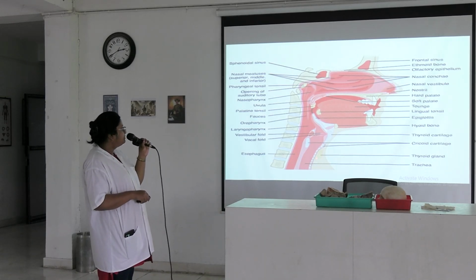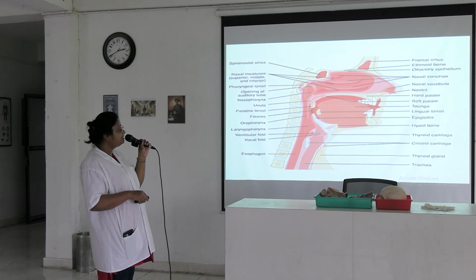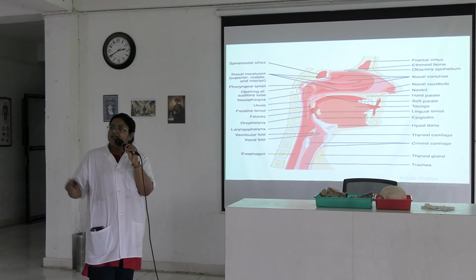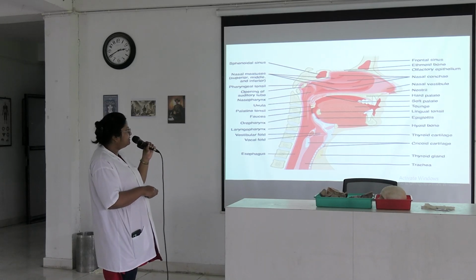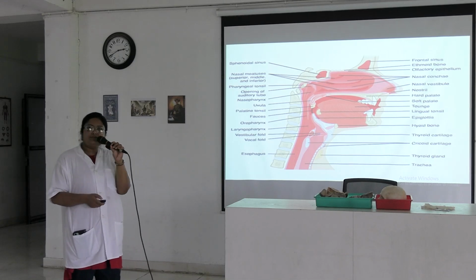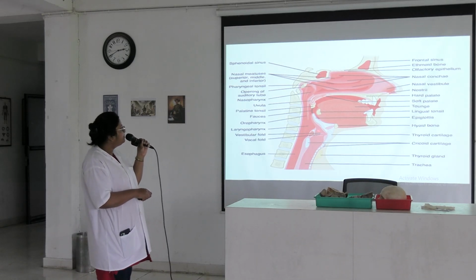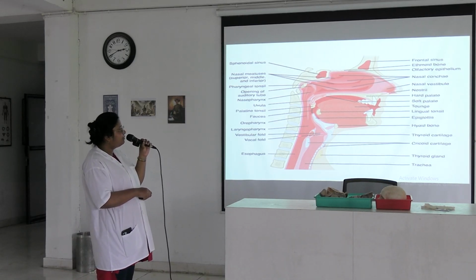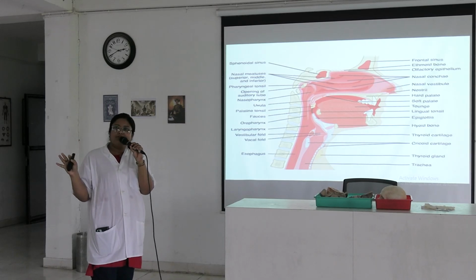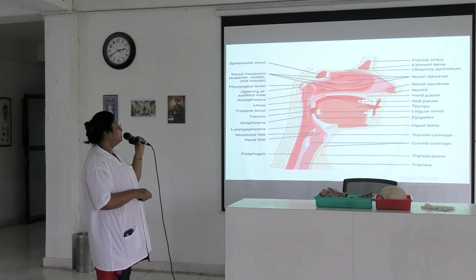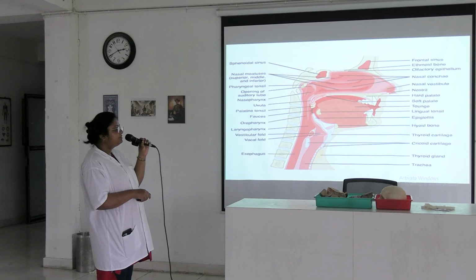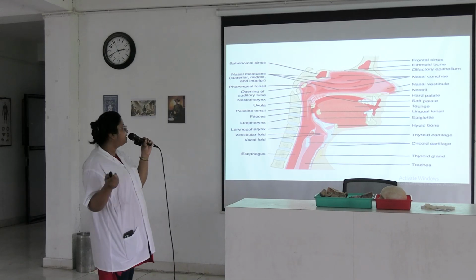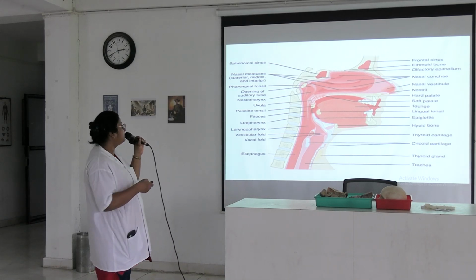Below this area is the infraglottic area. These divisions of the larynx come in your theory. The vestibular fold forms the false vocal cord, and below it lie the true vocal folds, which form the true vocal cords.